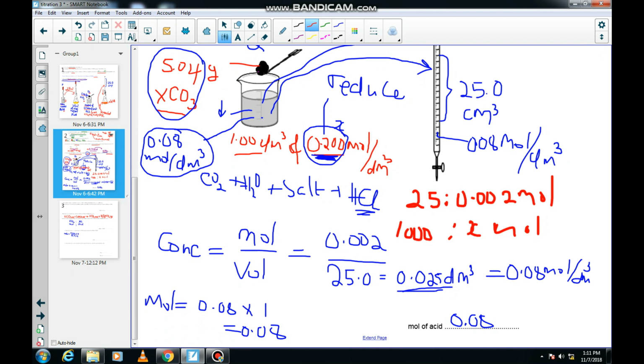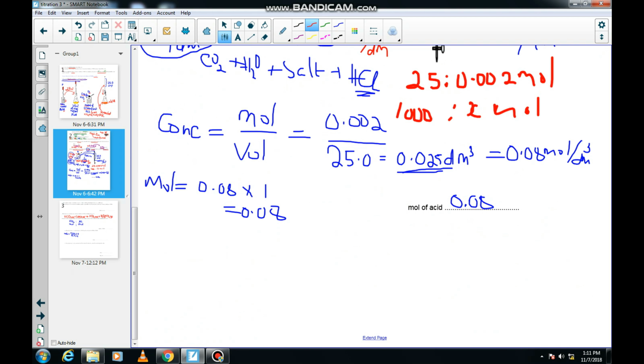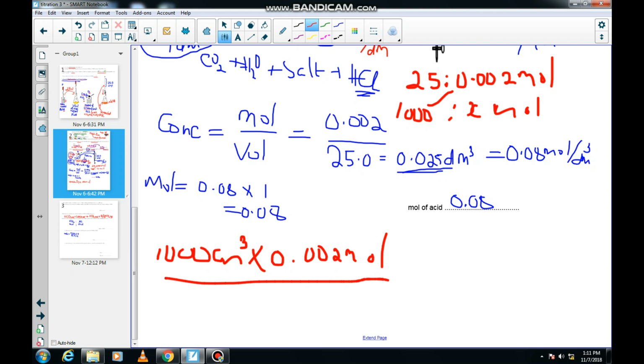By cross multiplication, we will have 1000 cubic centimeters multiplied by 0.002 moles, divided by 25 cubic centimeters, giving us the number of moles that we want.